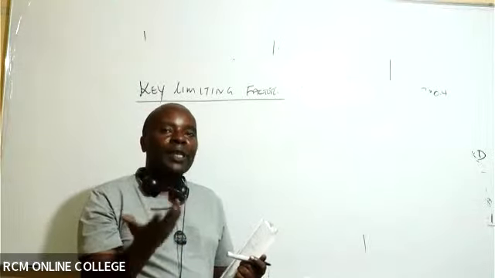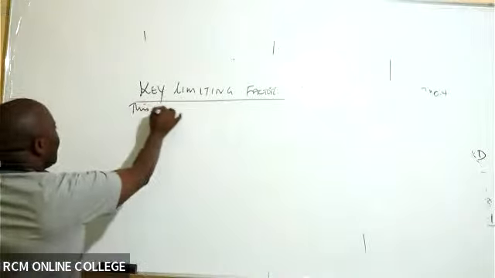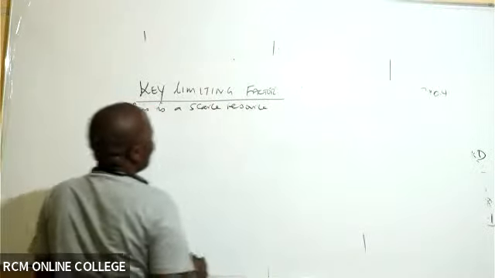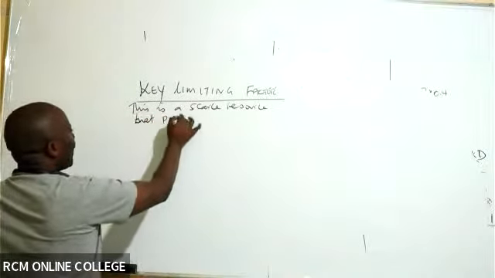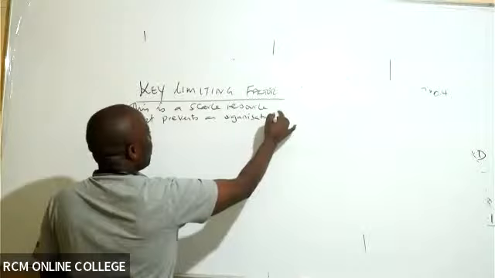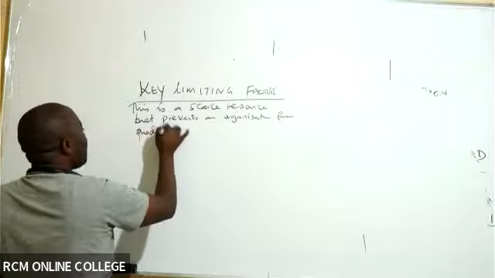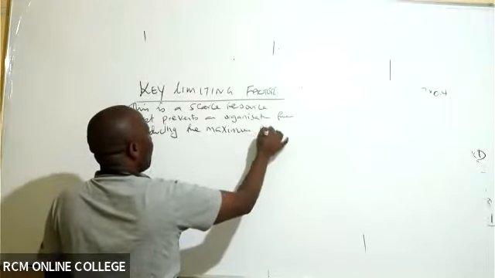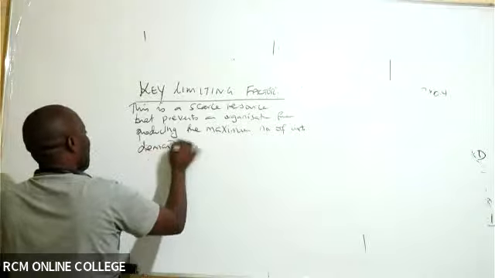So a key limiting factor is basically a scarce resource. It's a scarce resource that prevents an organization from producing the maximum number of units demanded.